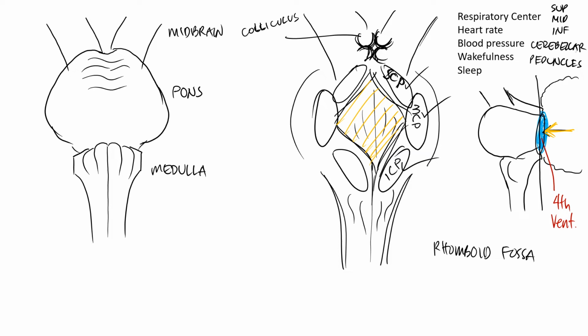Now, your midbrain, or sorry, your brainstem is basically a conduit between your brain up here and your spinal cord down here. You have fibers going down and going up. So it's a highway.